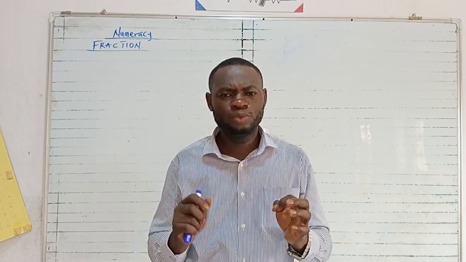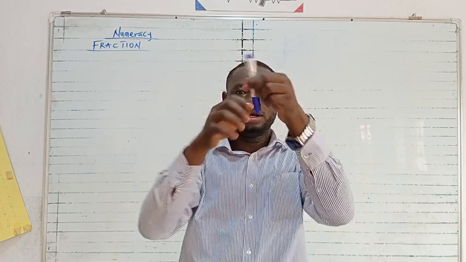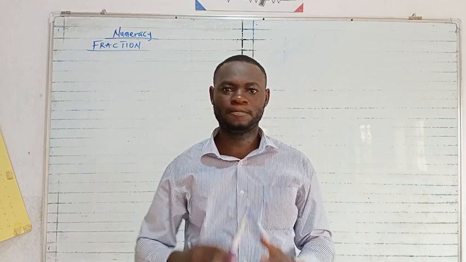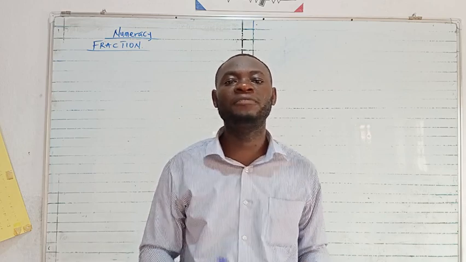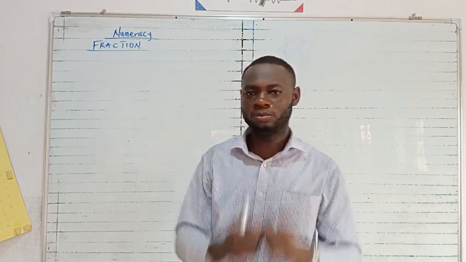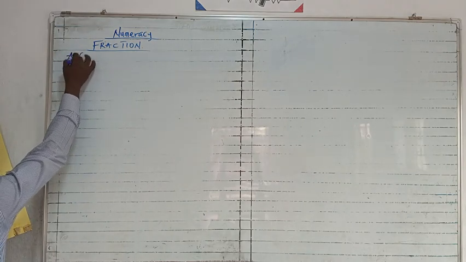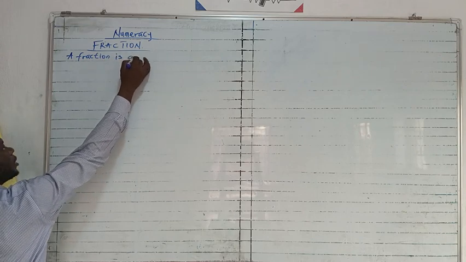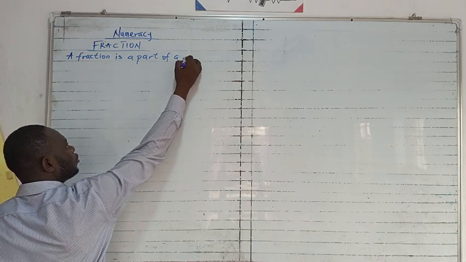So, in other words, we look at a fraction as a part of a whole. This is one whole marker. If I take this part of the marker, I've taken a fraction of the whole marker. Okay? So we can simply say that a fraction is a part of a whole. Let's write it down. A fraction is a part of a whole.